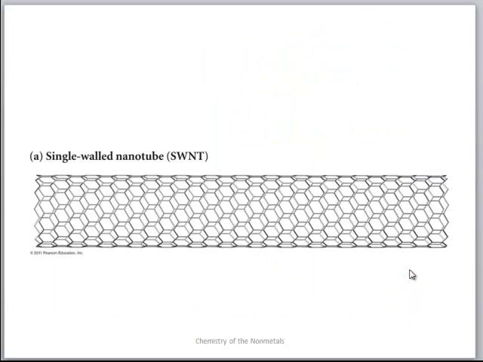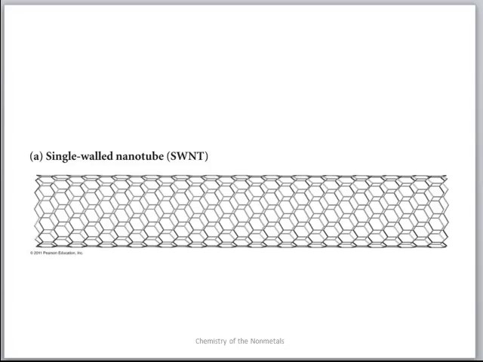Additionally, you can roll up those sheets of sp2 hybridized carbons that are all linked up in that hexagonal structure into what are called nanotubes, because the diameters and often lengths of these tubes are on the nanometer range.